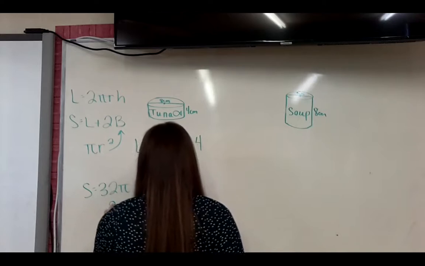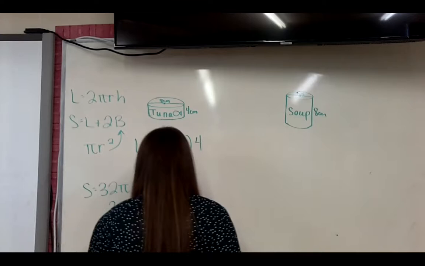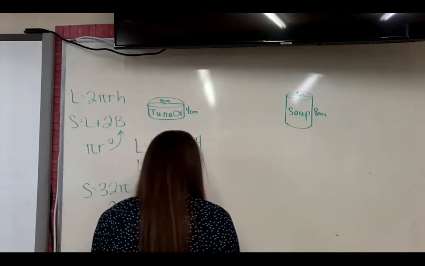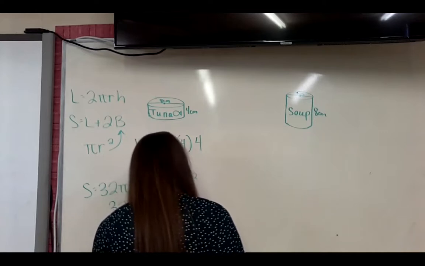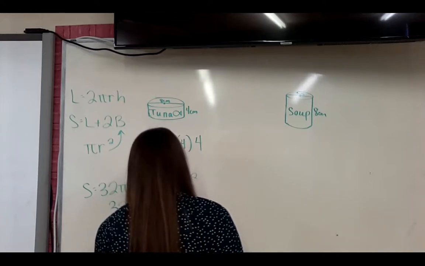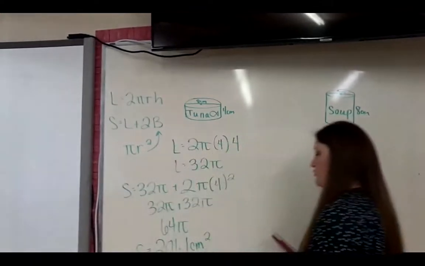So 32 pi plus 32 pi. That's why I waited till the end, 64 pi. And then I will round, 201.1, and that was centimeters. So this one has a surface area of 201.1.